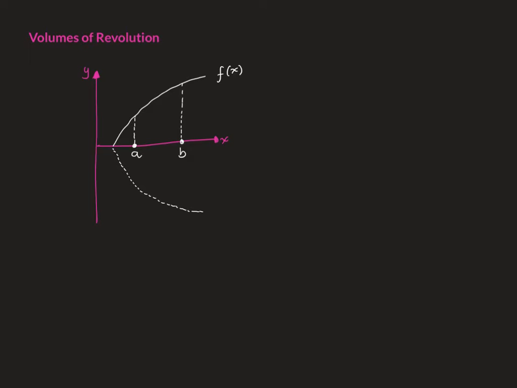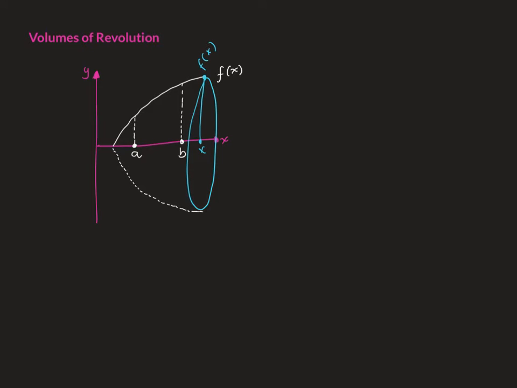Say the function in white, f of x, is the function that we want to rotate. When we rotate it around the x-axis, we are going to get a solid that will have a circular base like that, where the radius of that circular base is going to be given by the height of the function at any value x.